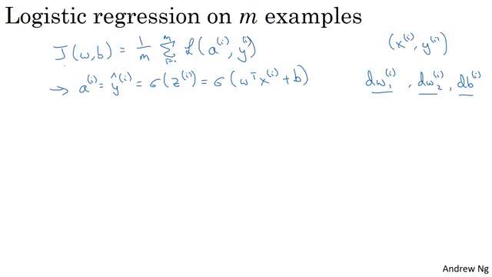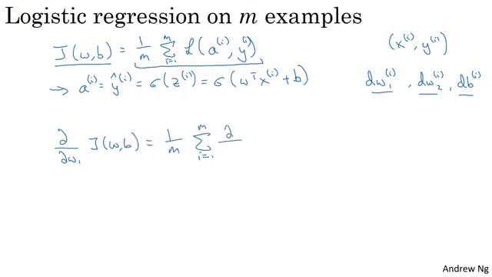Now you notice the overall cost function is the sum, or really the average because of the 1 over m term, of the individual losses. So it turns out that the derivative with respect to, say, w1 of the overall cost function is also going to be the average of derivatives with respect to w1 of the individual loss terms.